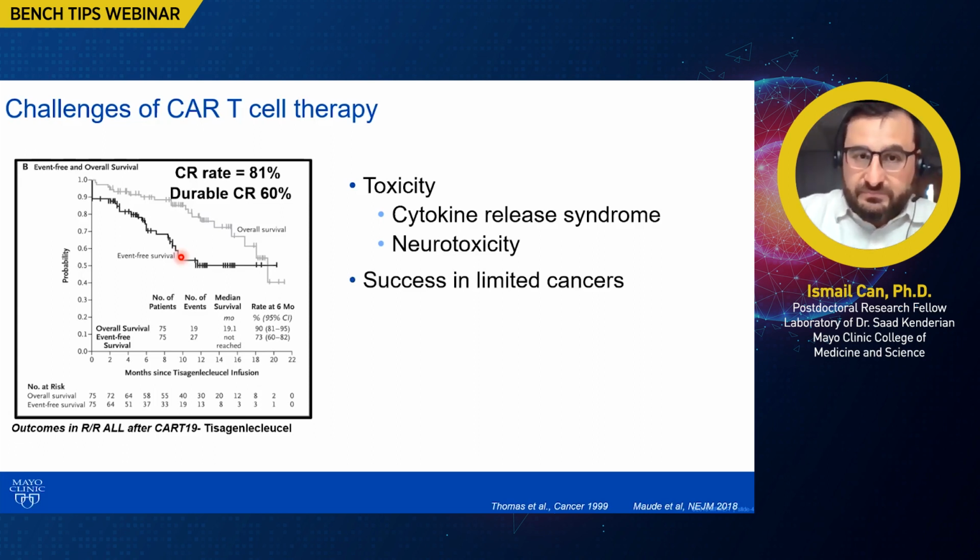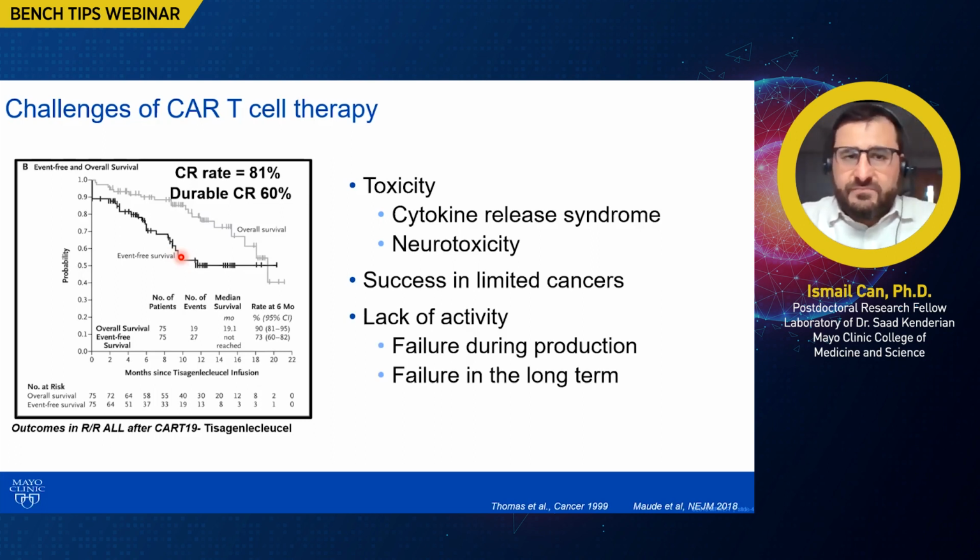And the other thing is only a few subsets of cancer patients, mostly B-cell related malignancies, can take advantage, even though there are some promising studies happening in additional diseases, especially solid tumors. We still don't have FDA approval in any other cancers yet.